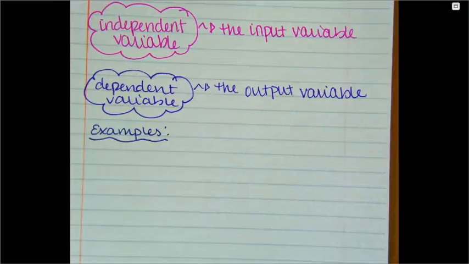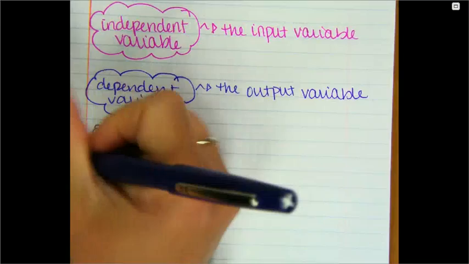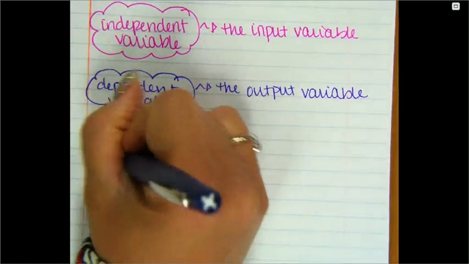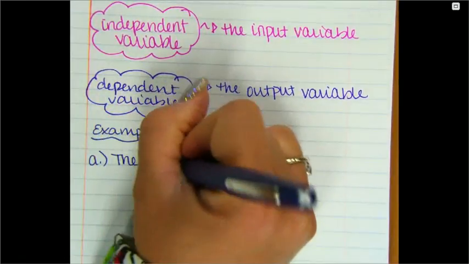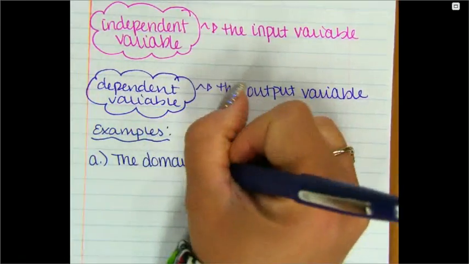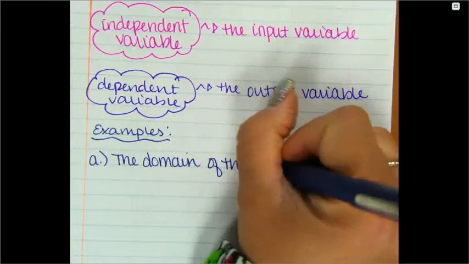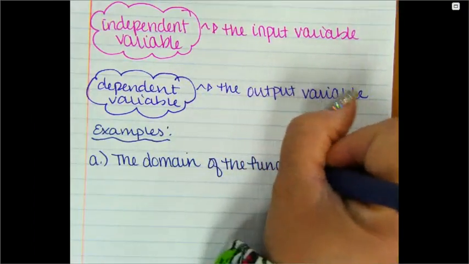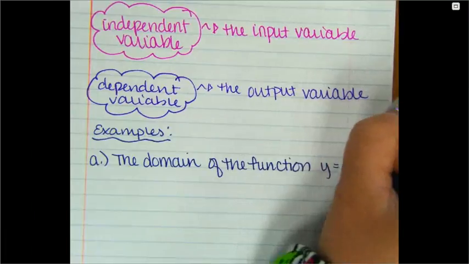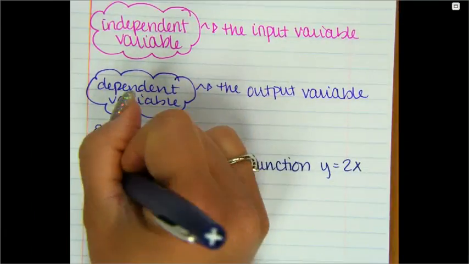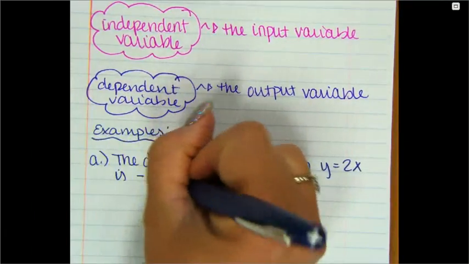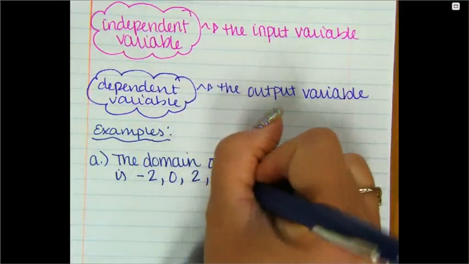All right, examples. Your example is going to say the domain of the function y equals 2x is negative 2, 0, 2, 5, and 7.